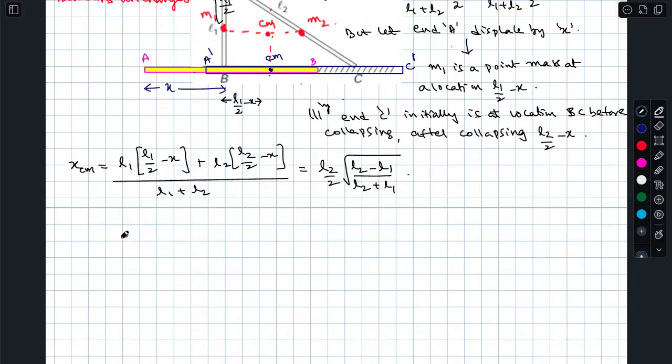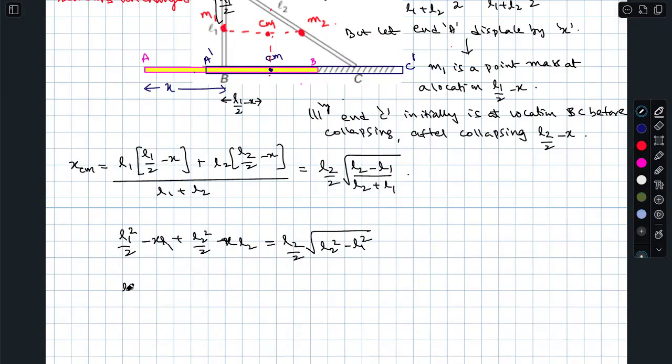You know what that is? I'll explain that also. L1 square by 2 minus x, L2 square by 2 minus L1x, x times L2, is L2/2 times, you take this inside. You know what happens? L2 square minus L1 square. All this has to be solved. If you solve it, you'll get x from this. Okay, you got the point? They want only that x.